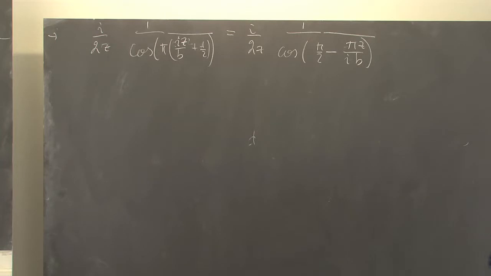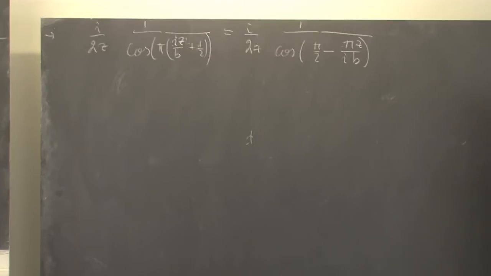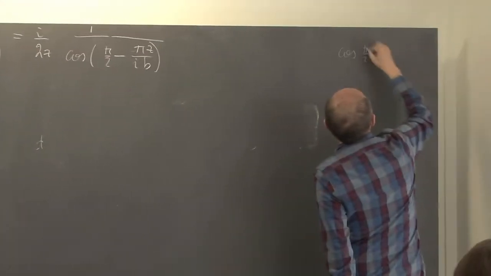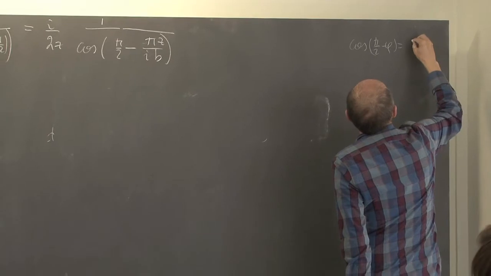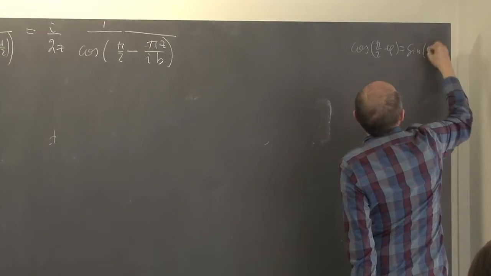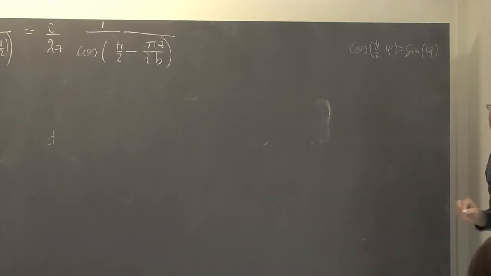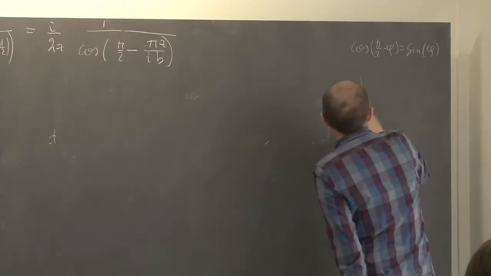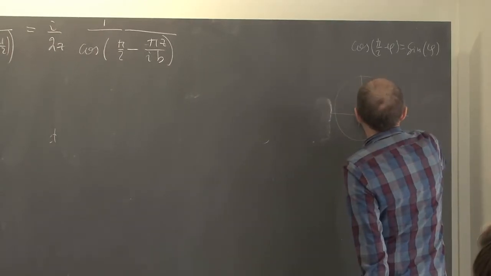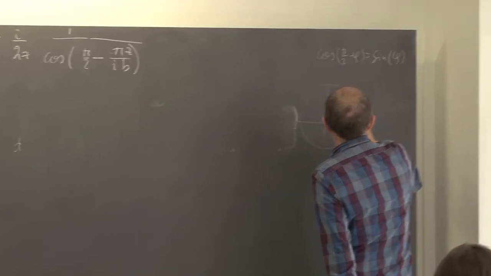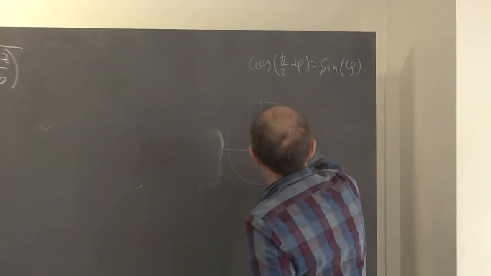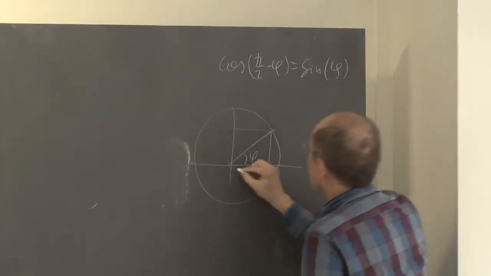And now we can use a trigonometric formula which says that cos of pi over 2 minus phi is sine of phi. This is cos.